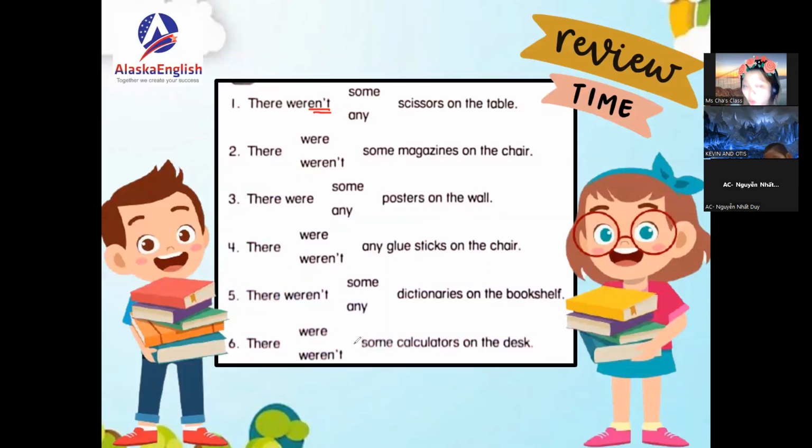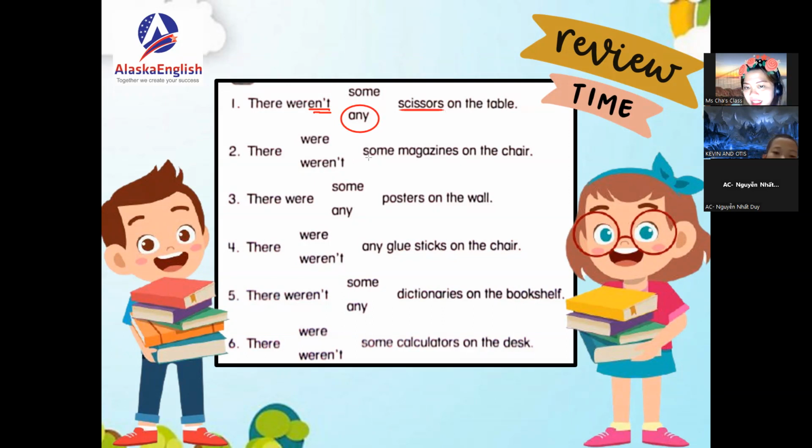Weren't. Negative. Any. Read your sentence. There weren't any scissors on the table. All right.